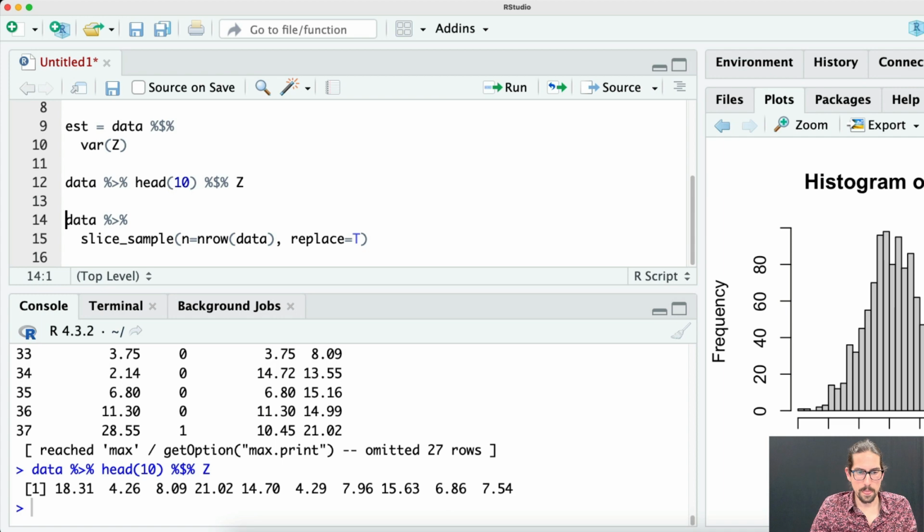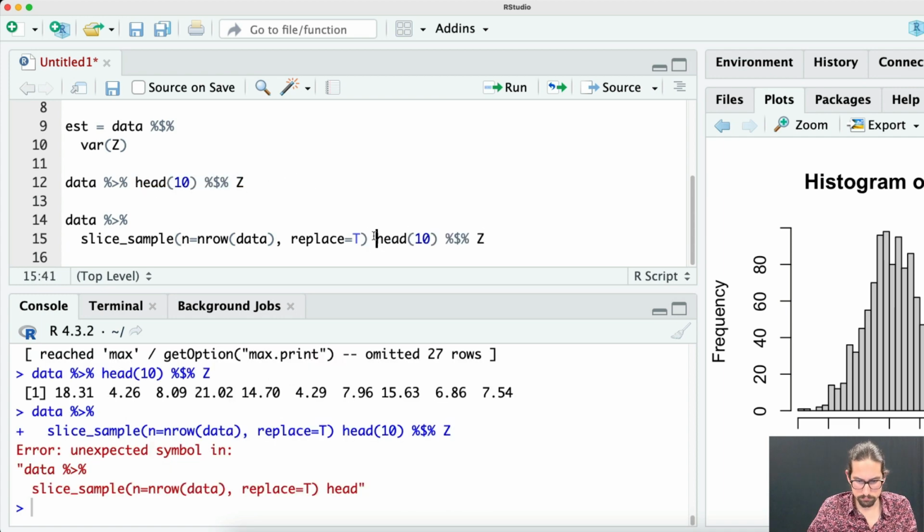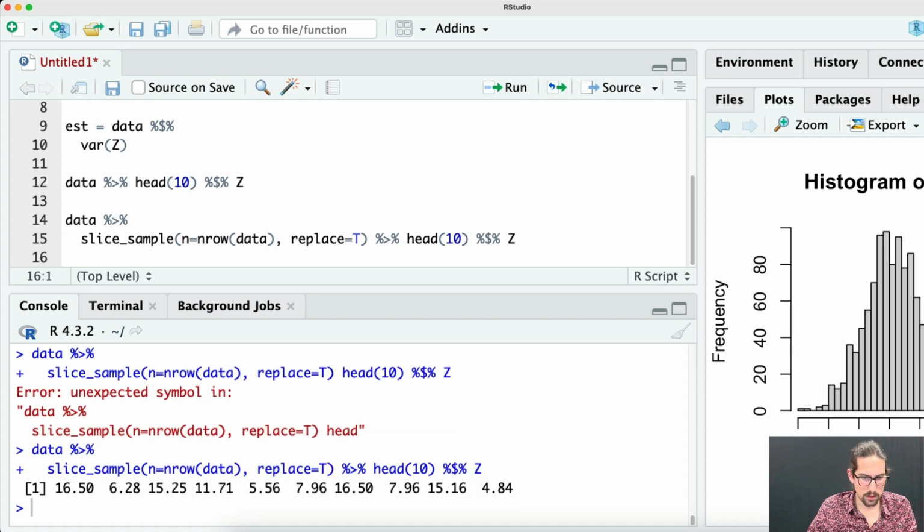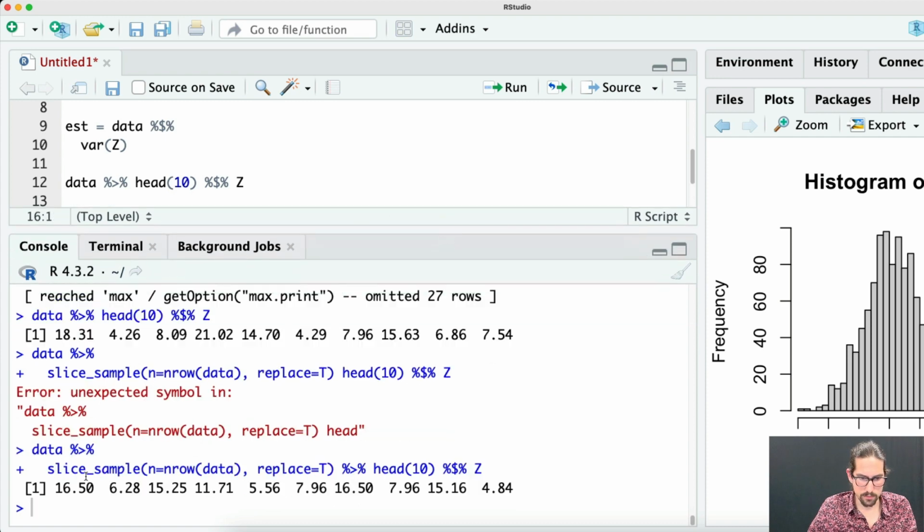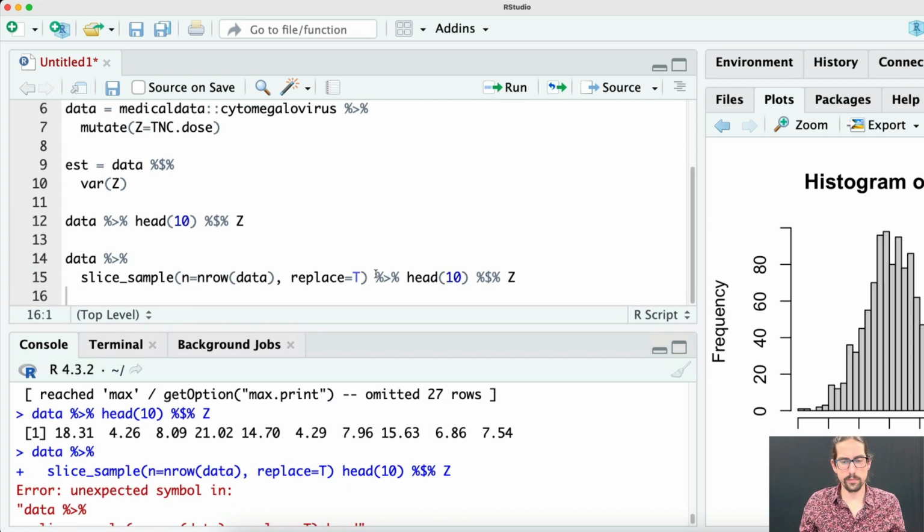And then for my bootstrap data set, these are the values. So you see they're different, okay? But each of these values is one of the values in the original data set. And you can see some of them are repeated. Like this one, for example, probably corresponds to this guy, so this guy was sampled twice in the bootstrap data set.